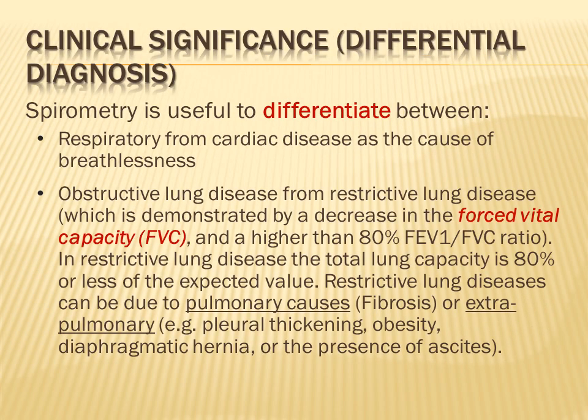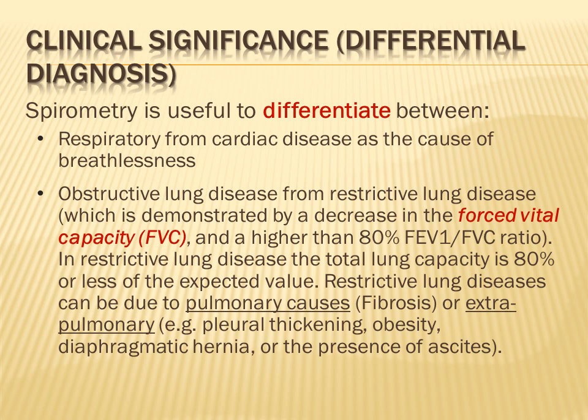Spirometry is useful for differential diagnosis, not just for the diagnosis. It helps us in medicine to differentiate between respiratory and cardiac diseases. Both respiratory and cardiac diseases cause dyspnea. So spirometry will enable us to differentiate which is which. Also, spirometry will help us to differentiate between obstructive lung diseases and restrictive lung diseases.